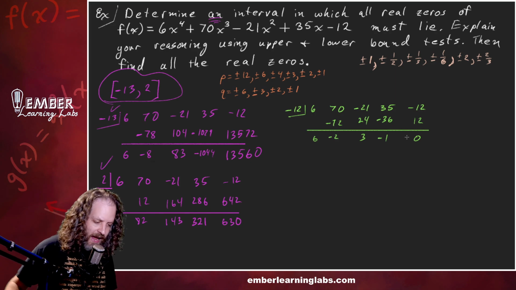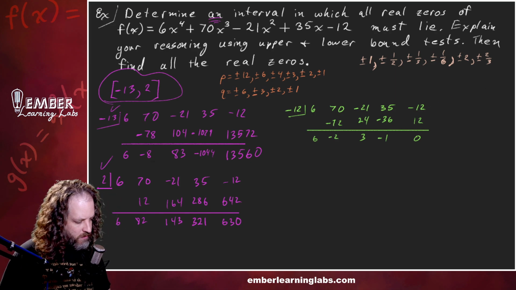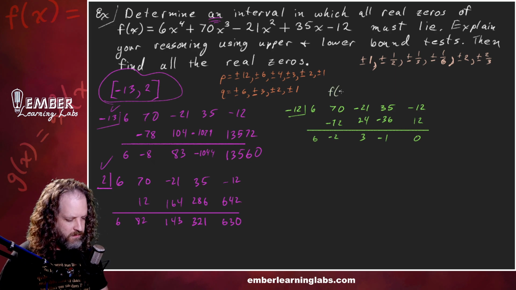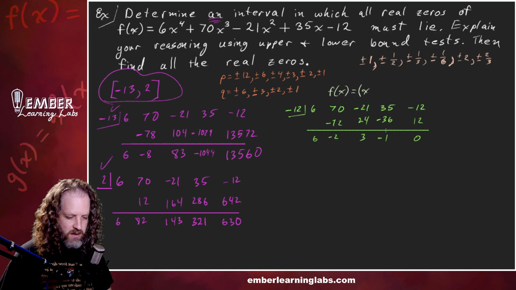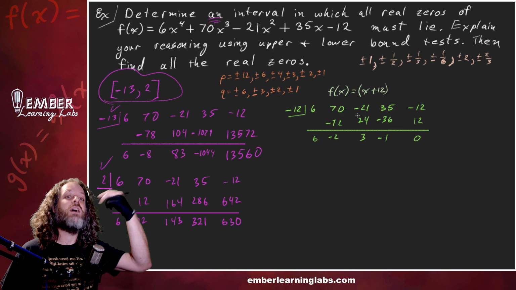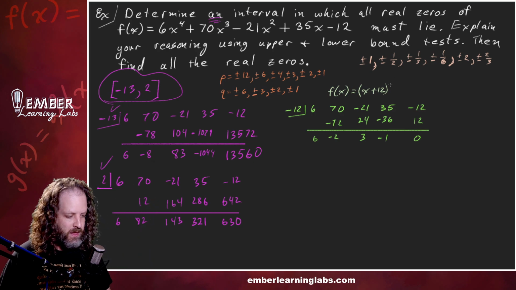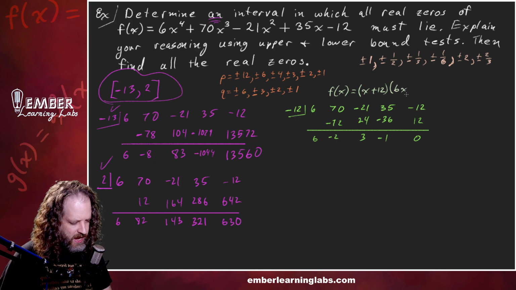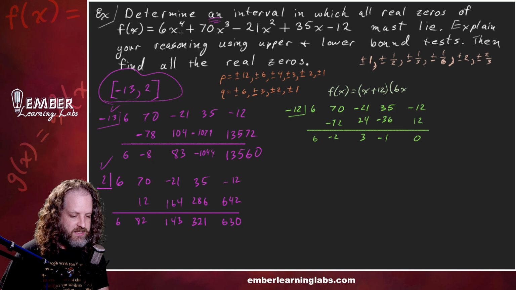So what we have at this point, I'm gonna do this in a light green. What we have so far is f of x equals x. Was it minus 12? Yeah, so x plus 12, right? It's going to be backwards. That x minus c, so x minus negative 12 is x plus 12. Flips the sign. And we go back into the factor. Times 6x cubed, right? It's one less than this one.